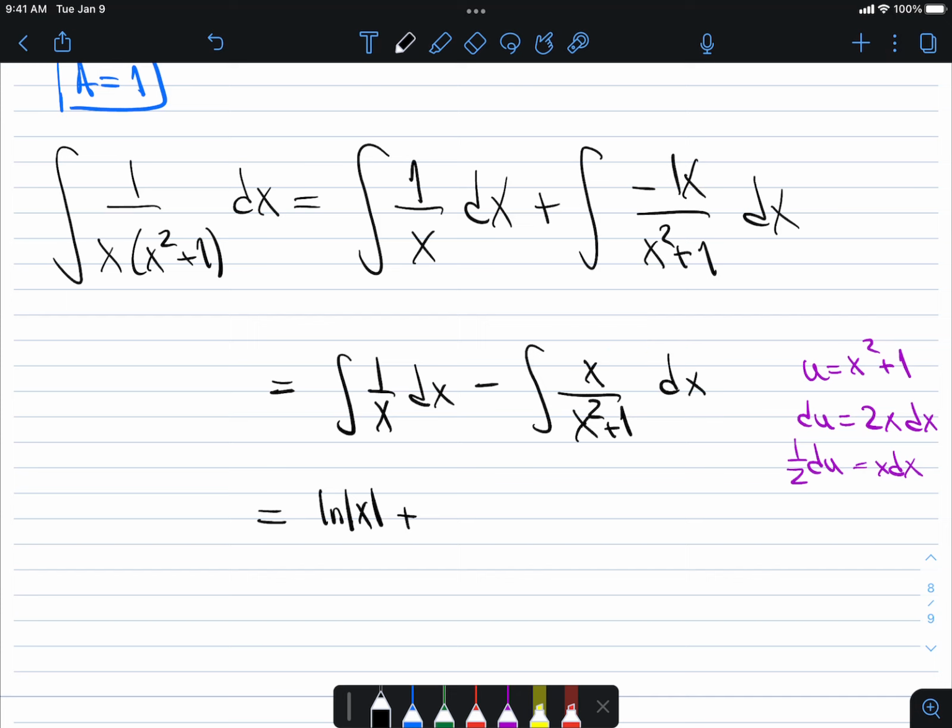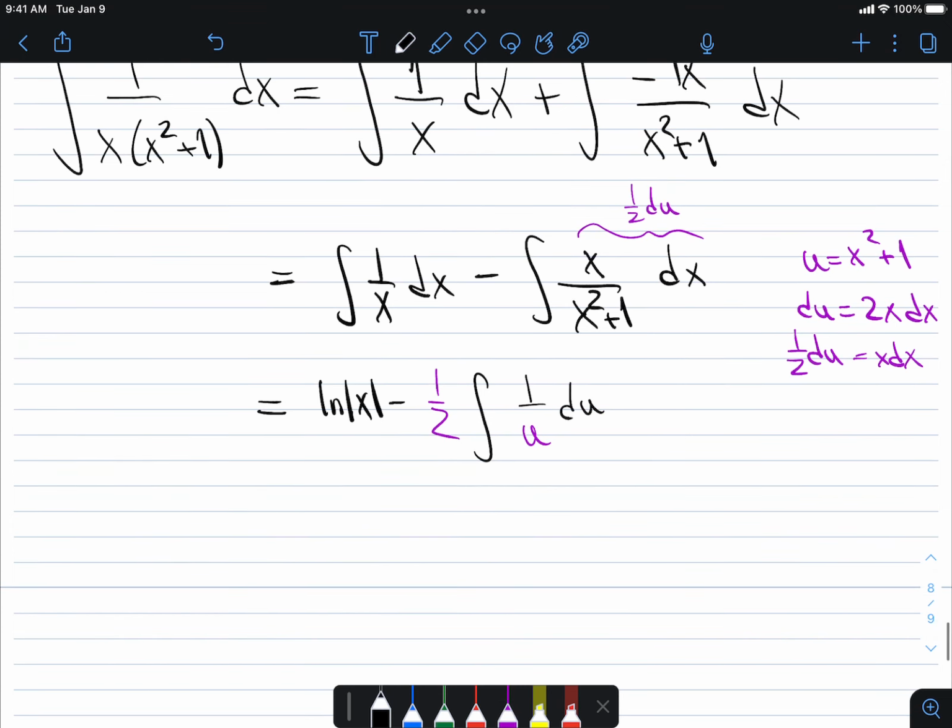So you turn out with a minus 1/2 on the outside, and then 1 over u du. And that is another easily solved integral. It is the ln of the absolute value of u.